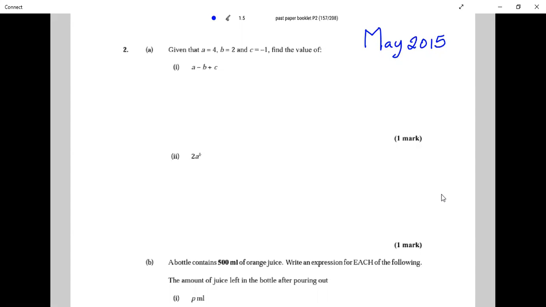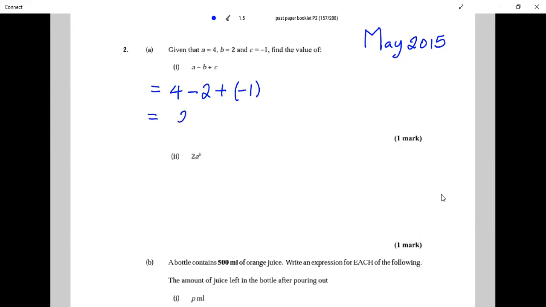And when we substitute a negative number into an expression, it is usually placed in brackets. So this is A, which is 4, minus B, which is 2, plus C, which is -1.